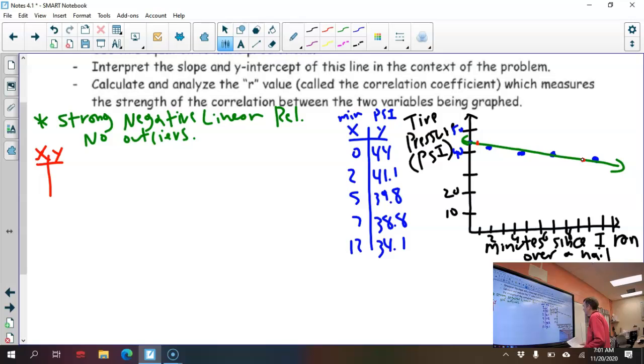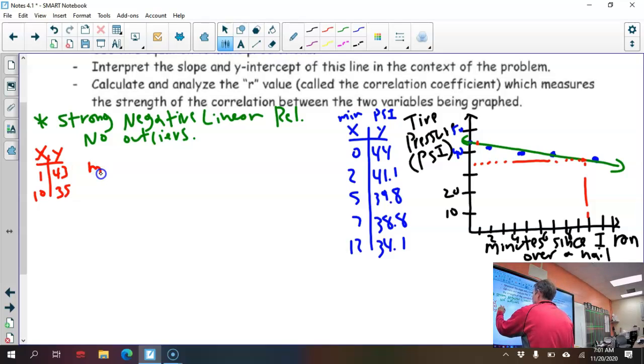And I think that first point is at about 1, 43 maybe. And I think that second point is at 10, and maybe about 35. We'll go 35. And now I can come up with the equation for my line, right?